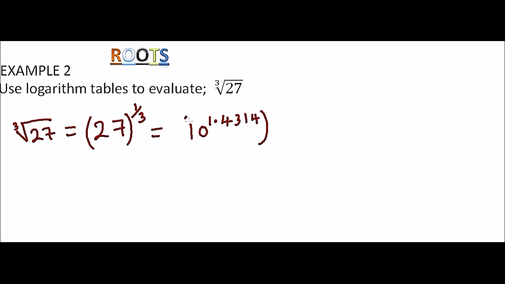All this into bracket, then we put a third. This is equals to, we open the bracket, it is 10 to the power 1.43144, we multiply by a third.